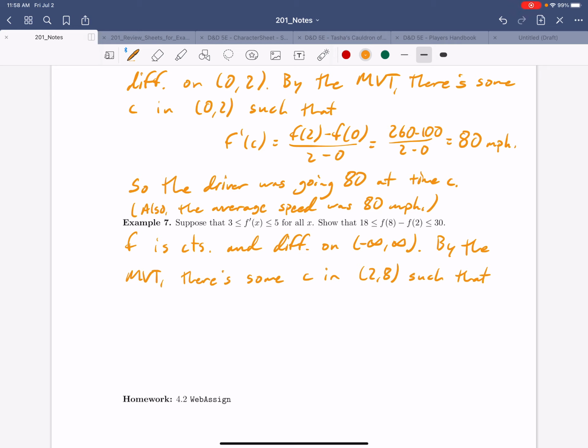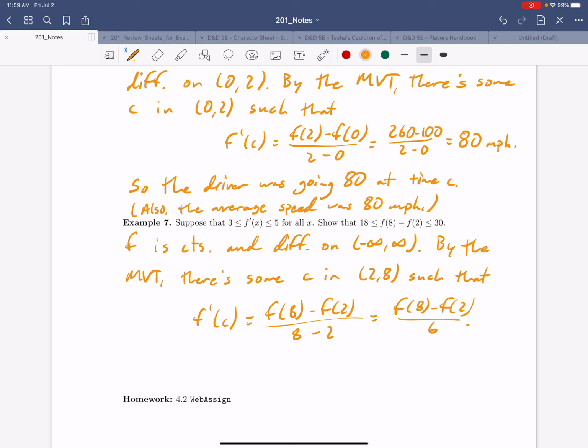Such that f prime of c equals f of 8 minus f of 2 all over 8 minus 2, which I suppose is f of 8 minus f of 2 all over 6.